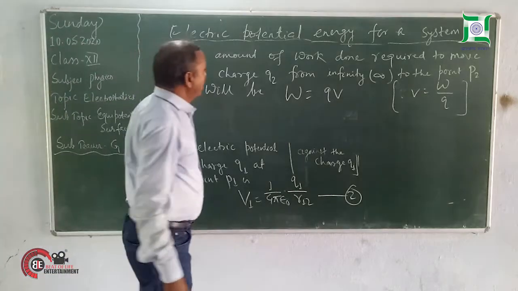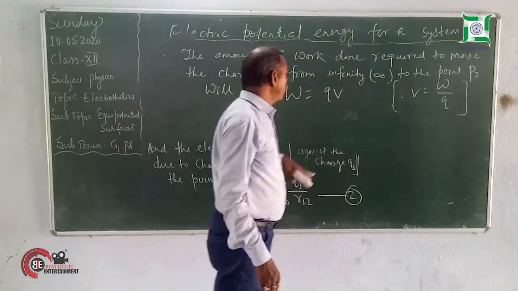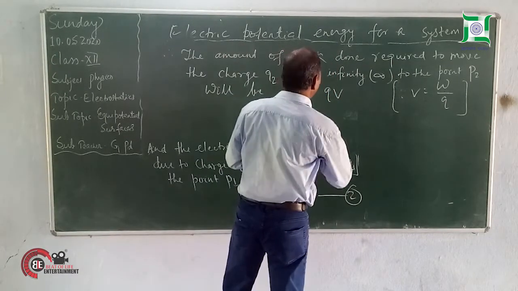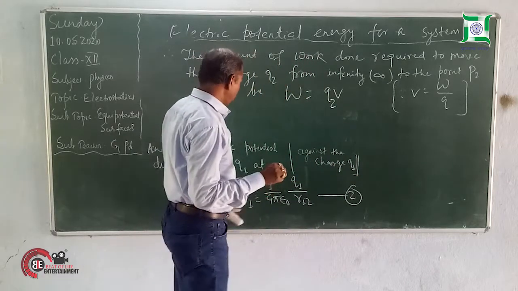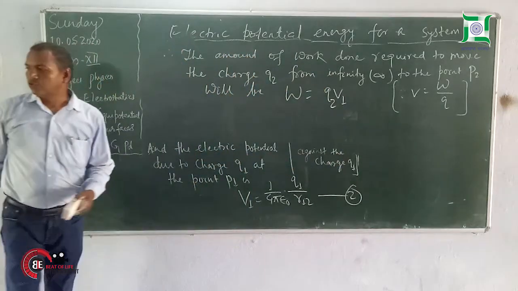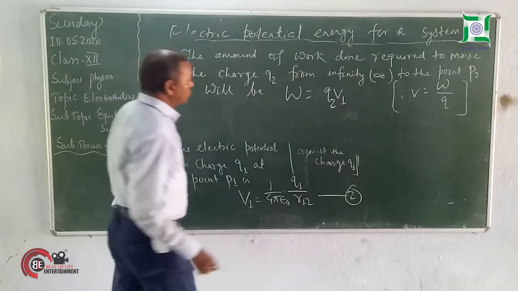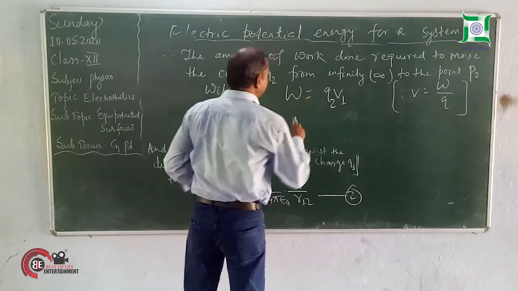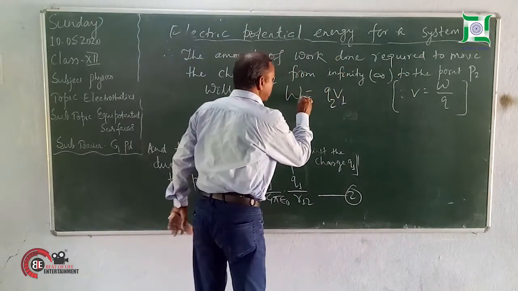Here the amount of charge is Q2 and the potential is V1, so it will be equal to Q2 V1. This is the work done by the second charge Q2, so it will be written as W2.